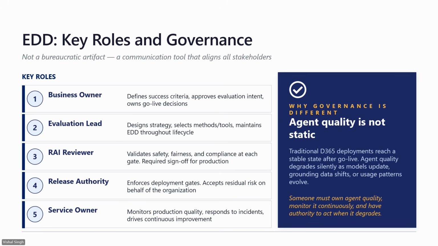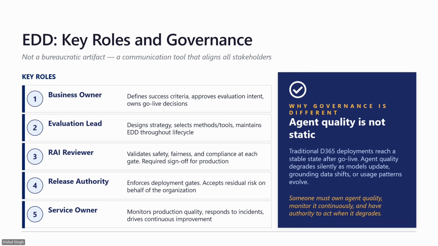Sign-off is mandatory for production. It's not an optional thing. The release authority enforces the deployment gate and accepts residual risk on behalf of the organization. And the last one is the service owner, who monitors production quality, responds to incidents, and drives continuous improvement. So these are the key roles you have as part of the EDD from the governance perspective.